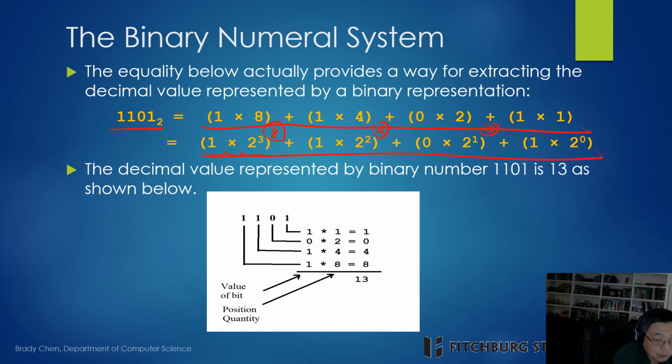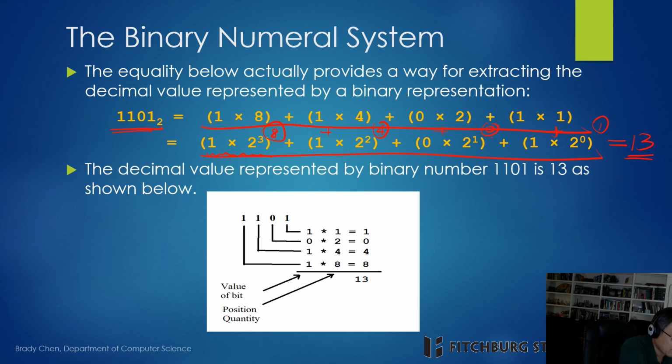Now 1 times 2 to the 0, that's 1 times 1, which is 1. Now, if we add these numbers 8, 4, 0, and 1, you will actually get the number 13. Okay, so that's the decimal value for this binary representation.